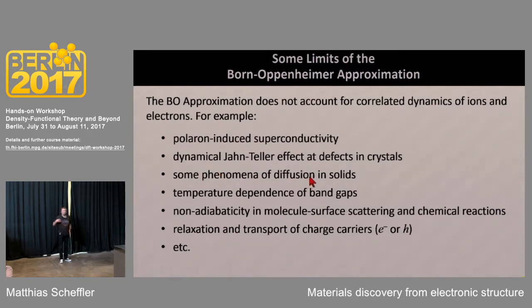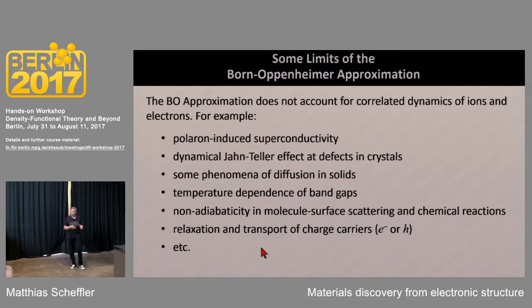Diffusion in solids: when nuclei move, sometimes at the transition state they move faster than electrons can follow. Temperature-dependent band gaps, non-adiabaticity in the electron surface in chemical reactions. If a molecule scatters at a surface, very often, for example because of electron spin, it cannot go to its ground state. Relaxation and transport of charge carriers: these are all questions which are still open and have not been answered.